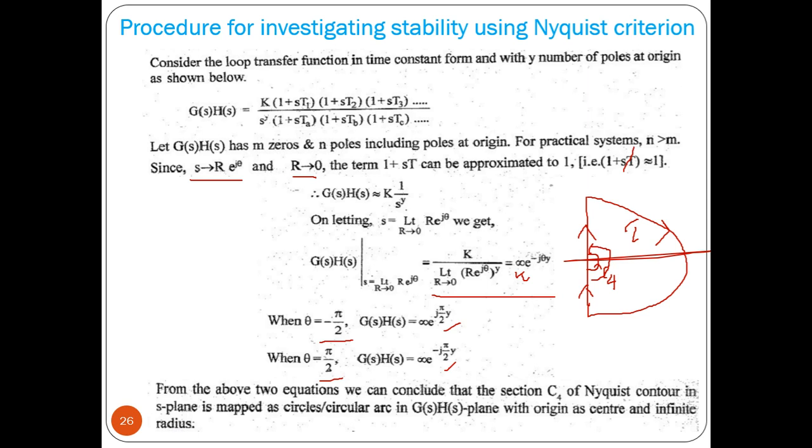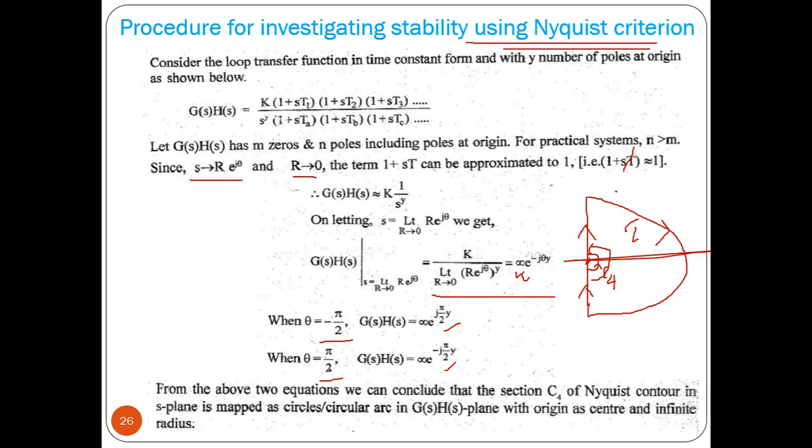That means that due to the pole at the origin, we will get an infinite radius in the Nyquist plot. This is the Nyquist contour, and from the Nyquist contour we have to draw the Nyquist plot. This is the basic concept of the Nyquist stability criterion.